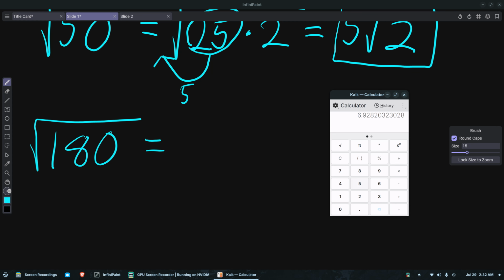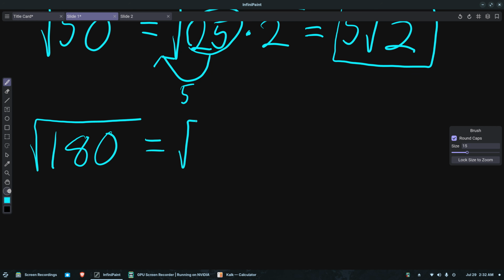So you could just try stuff. So if we were to take 180 and divide by 36, I think that's going to give us 5. But just to show you, and just because I forgot it for a second, yes, it actually is 5. So we're going to rewrite the radical, and we're going to write 36 times 5.